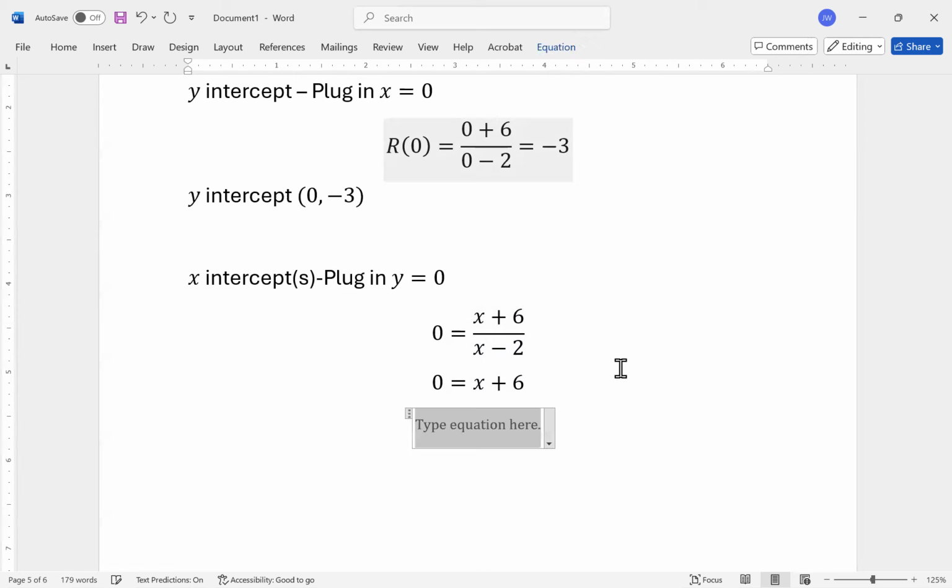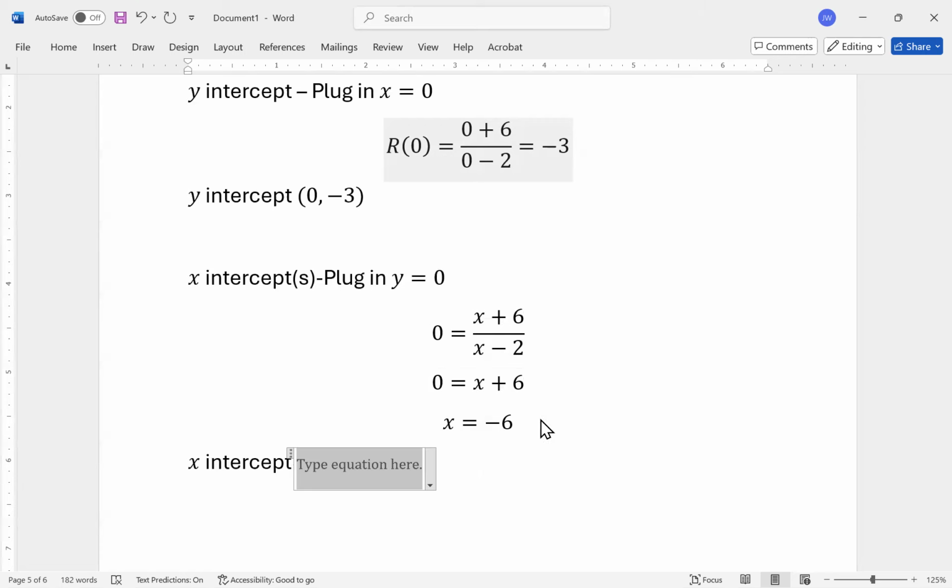That means the x value has to be equal to negative 6. When I plug in negative 6 in the numerator and the denominator, negative 6 makes the numerator 0, but it does not make the denominator 0. So we're okay. x equals negative 6 yields an x-intercept. So the x-intercept is negative 6, comma, 0.